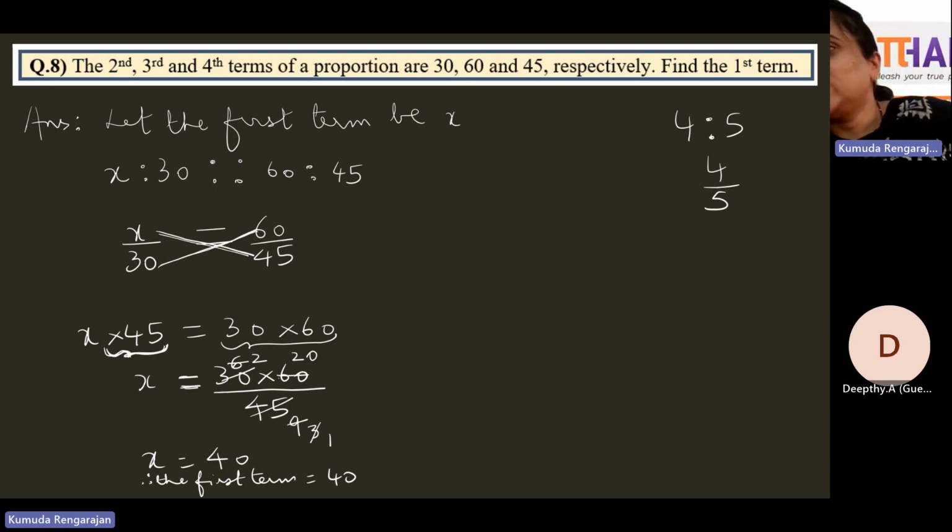When I'm free, I'll just go through that. Yeah, no, not the assignment. Okay.